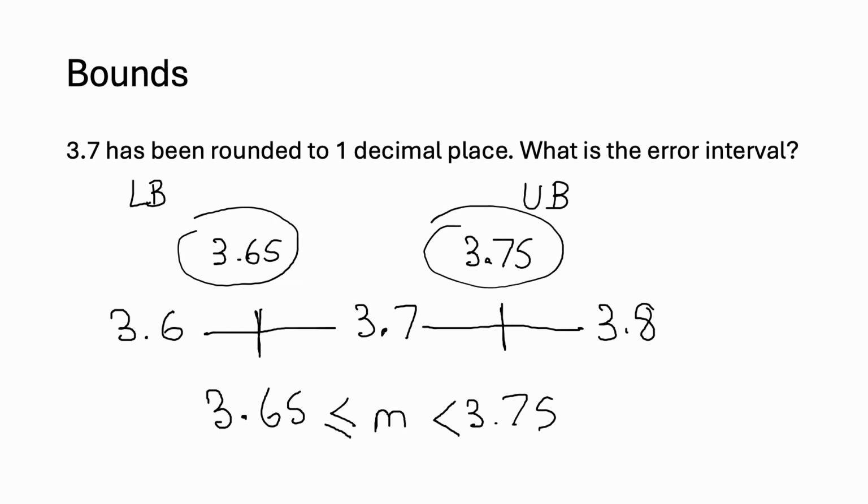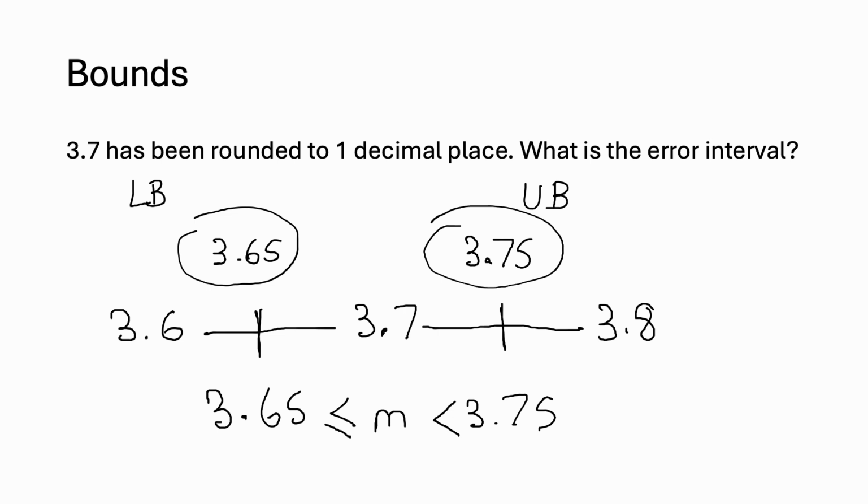And we have to say it has to be less than 3.75, because if we round 3.75 to one decimal place, because the 5 here is 5 or more, that means that we have to round up. So if we rounded 3.75 to one decimal place, we'd get 3.8. So that means that our number has to be less than 3.75.